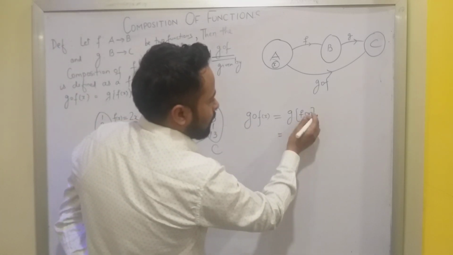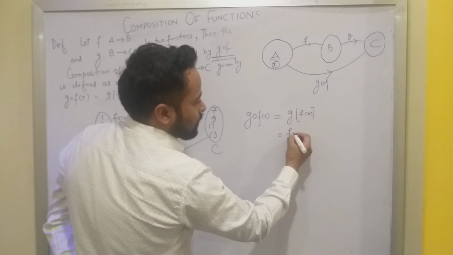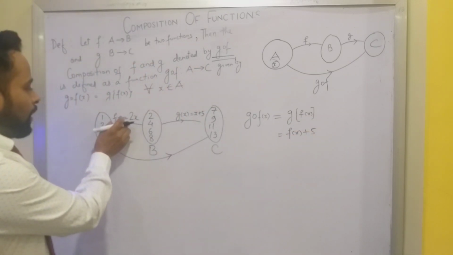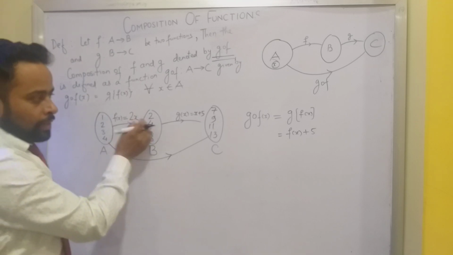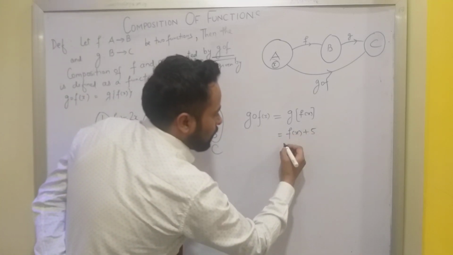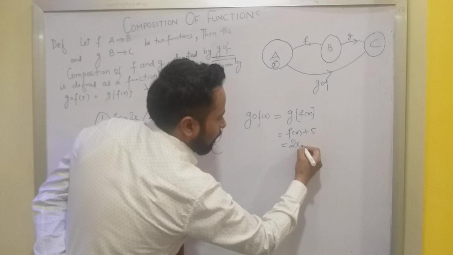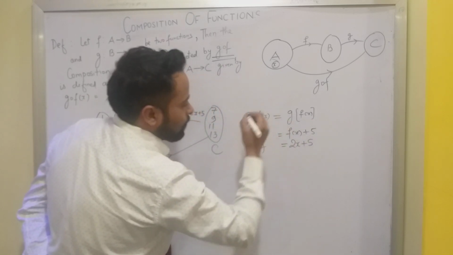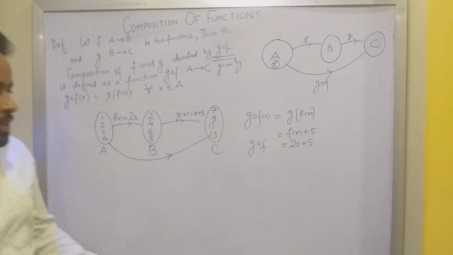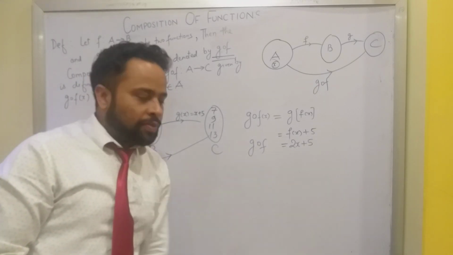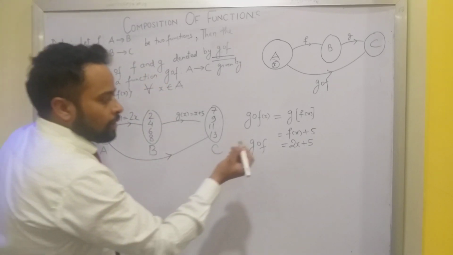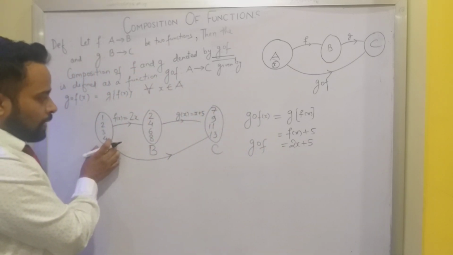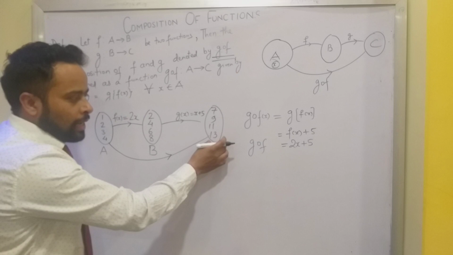So in place of x, I need to write f of x plus 5. Now what is f of x? f of x is 2x. So 2x plus 5. Now you can see gof is a special function, 2x plus 5, and this gof has its domain set as A and codomain set as C.